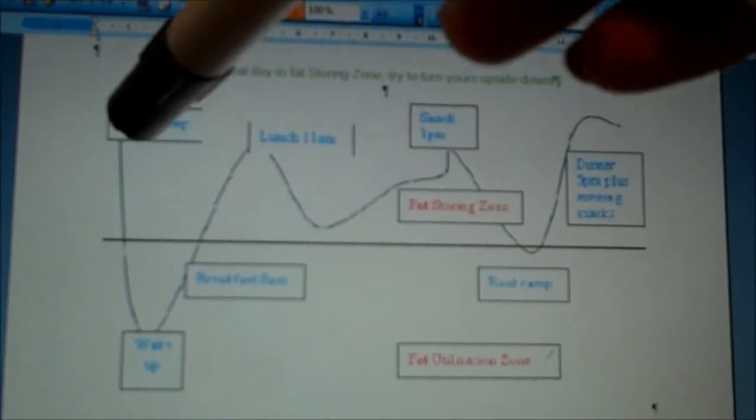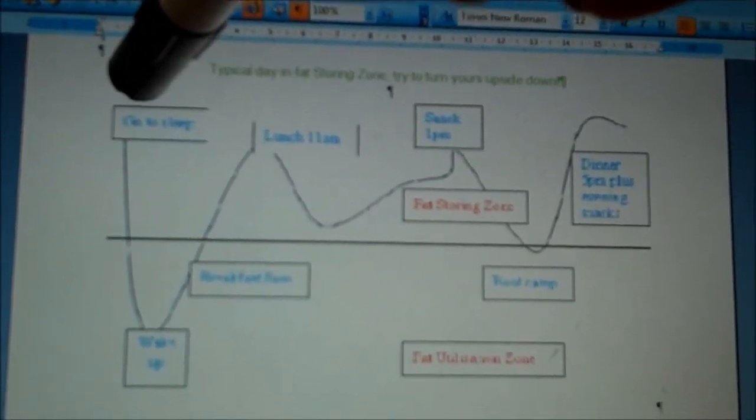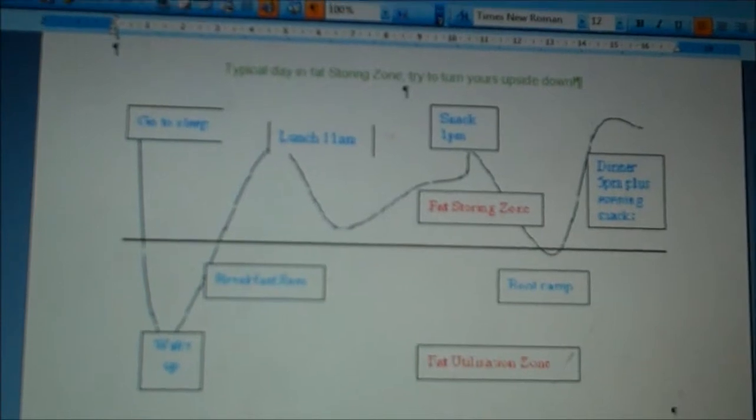Okay, so really quickly, just for this diagram, what happens is when we go to sleep, we're in a fast. Most of us are sleeping, if we're lucky, for at least 7 hours. So we're fasting for 7 hours, definitely overnight. If we stop eating around about 10 o'clock, which a typical person probably would do after their snacks post dinner, then we've got a few more hours in there.